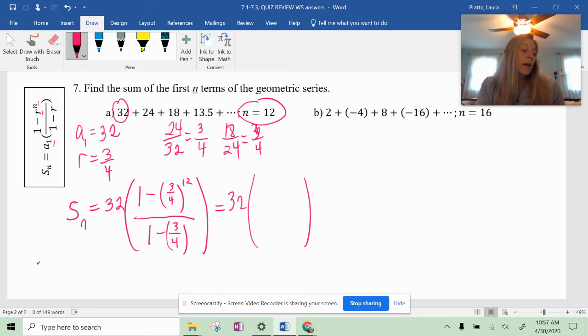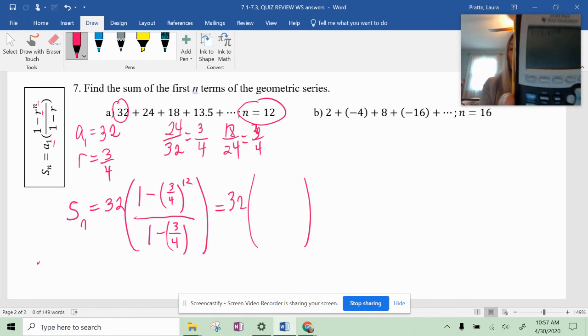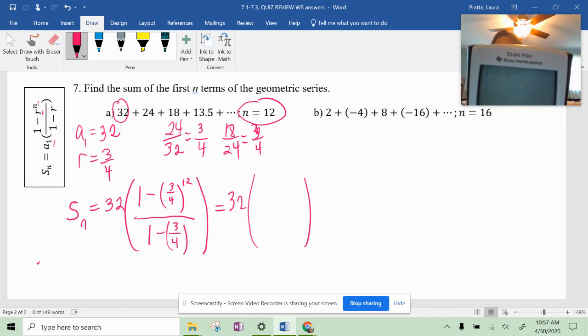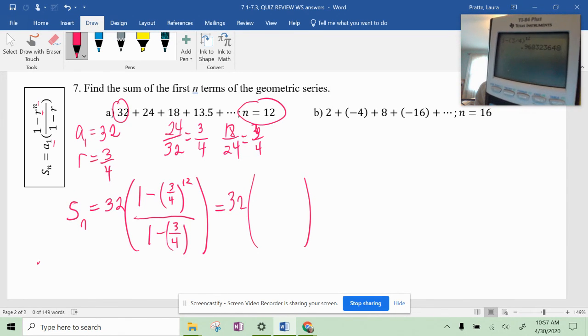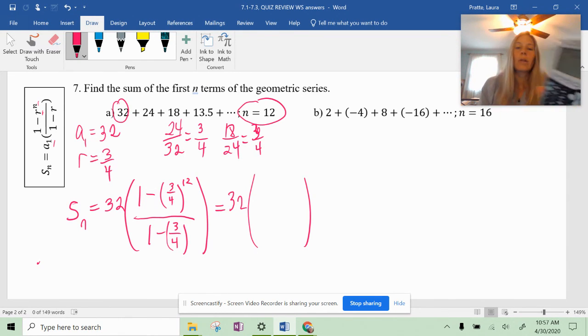So when you enter that, 1 minus, then the 3/4 would go in parentheses, and I would raise that to the 12th power. So it's just going to look like this: 1 minus 3/4 raised to 12. Now I hit enter, and I get this crazy decimal on my screen, 0.963 and so on, right?